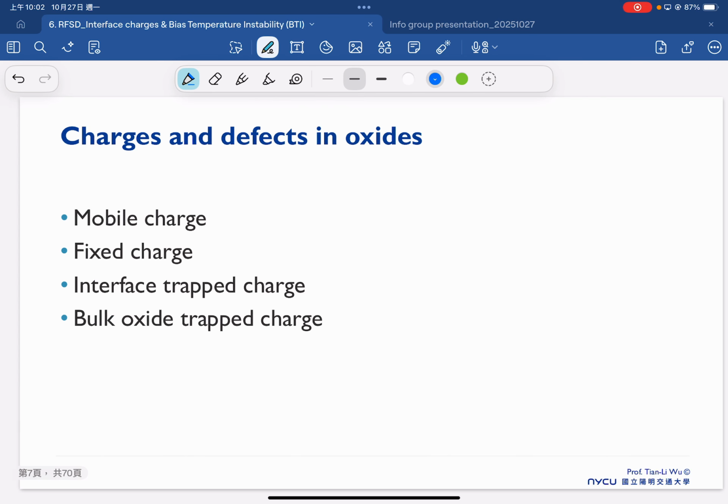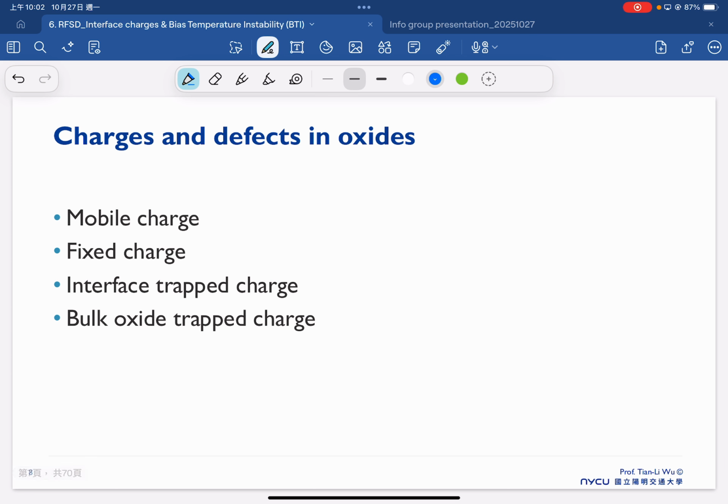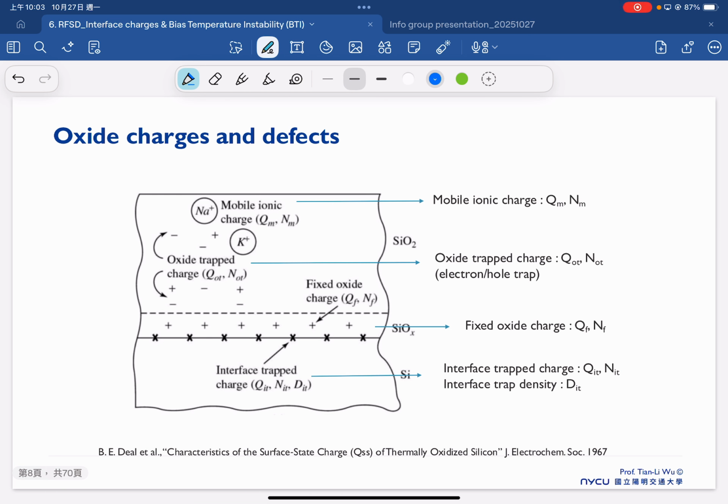When we talk about the charges or defects in the oxide, generally we can divide them into 4 different categories: the first one is mobile charge, the second is fixed charge, the third is interfacial trap charge, and the last is bulk oxide trap charge. How do we understand this? It's better to use a schematic to illustrate.